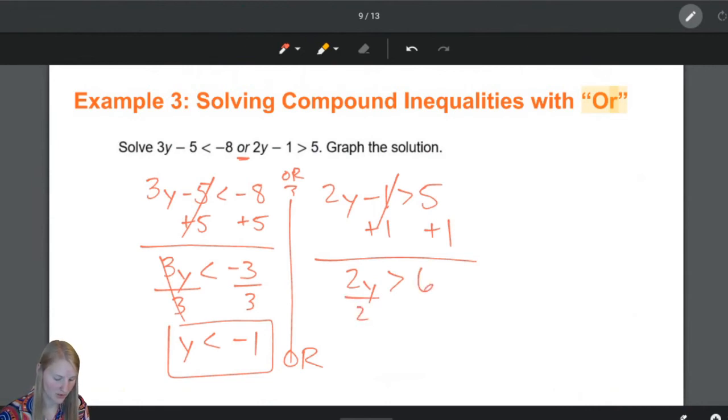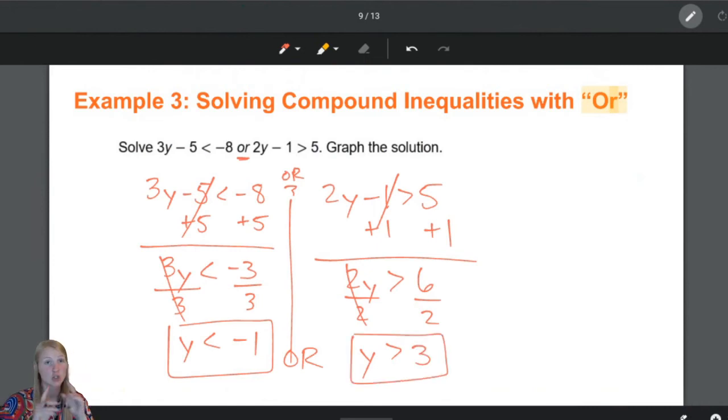And now, of course, I'll divide by 2 to get rid of the 2 on that side, and 6 divided by 2 is 3. And again, I don't have to flip because I'm dividing by positive 2, not negative 2. I only flip when I multiply or divide by a negative number. Okay, beautiful. So now we have each of these pieces that will go on our graph.